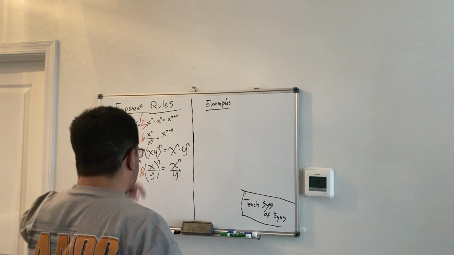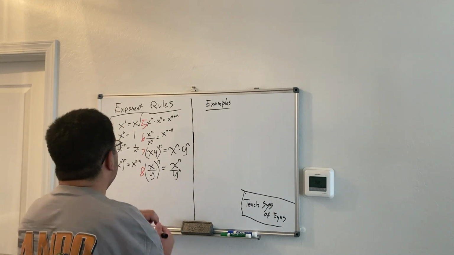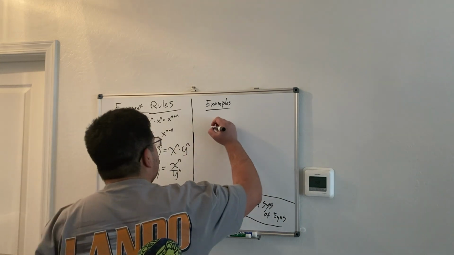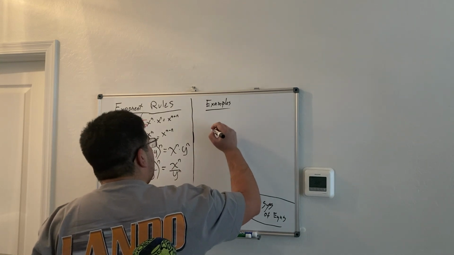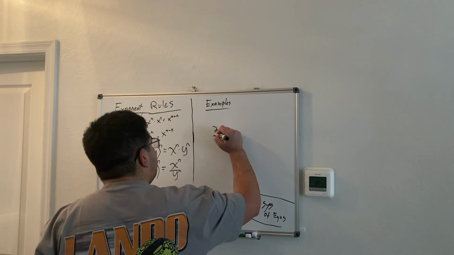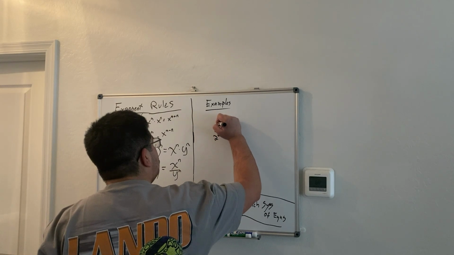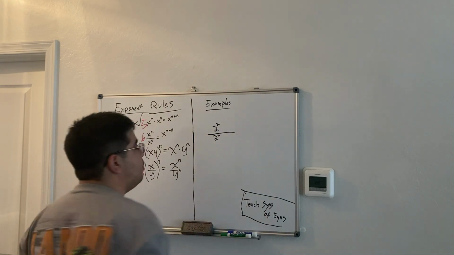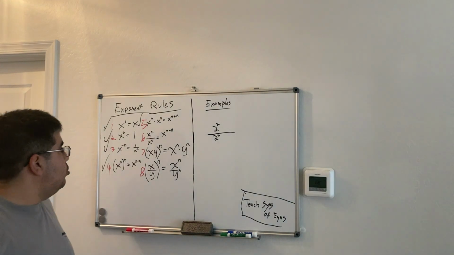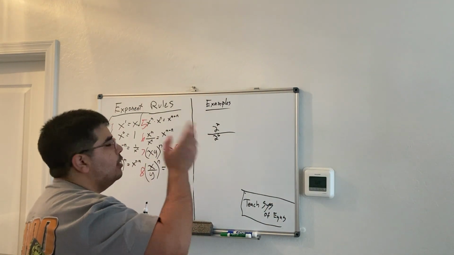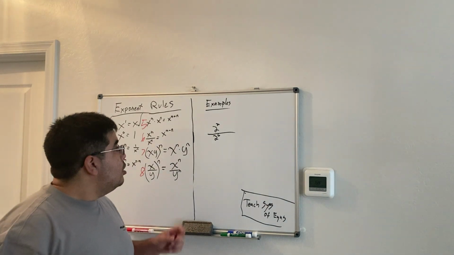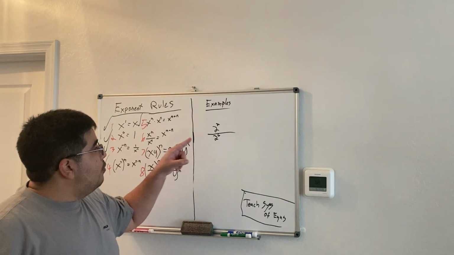Now we're on rule number 6. Rule number 6 says, let's do 2, and we'll use 2 again, but this one will be to the 2nd power over 2 to the 6th power, and we're going to divide them.